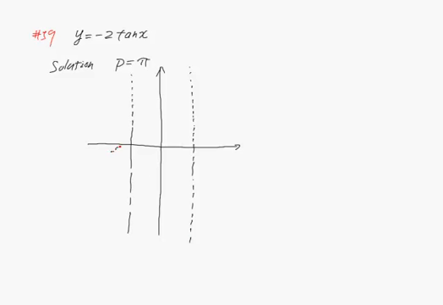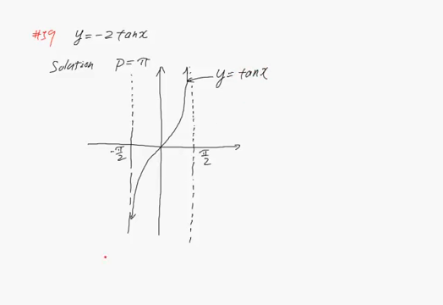So this is -half pi, and this is half pi. And we know the graph of y equal to tangent x is like this. Okay, and this is the graph of y equal to tangent x.